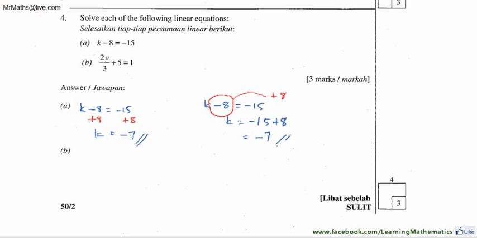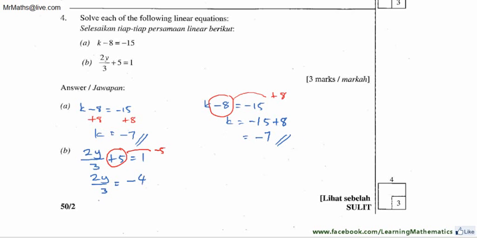Alright, and B: 2y over 3 plus 5 equals 1. Let's move plus 5 to the right first, and it becomes minus 5. So now 2y over 3 equals 1 minus 5, which is minus 4.